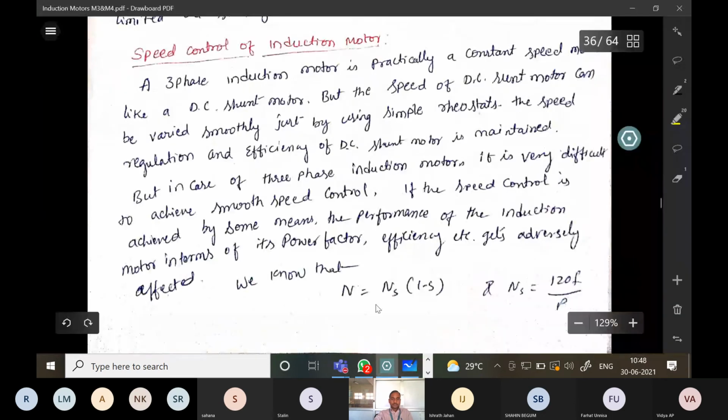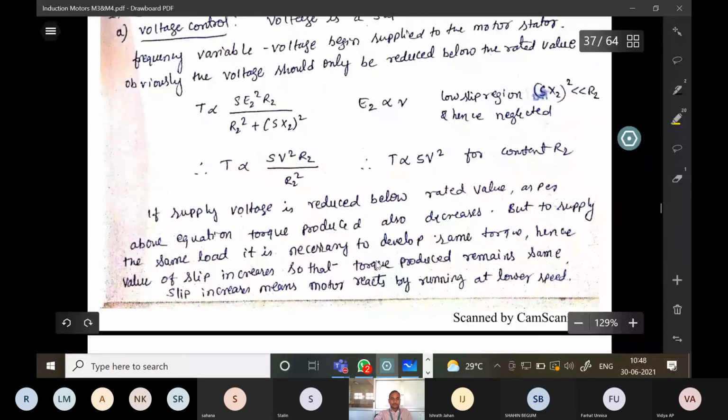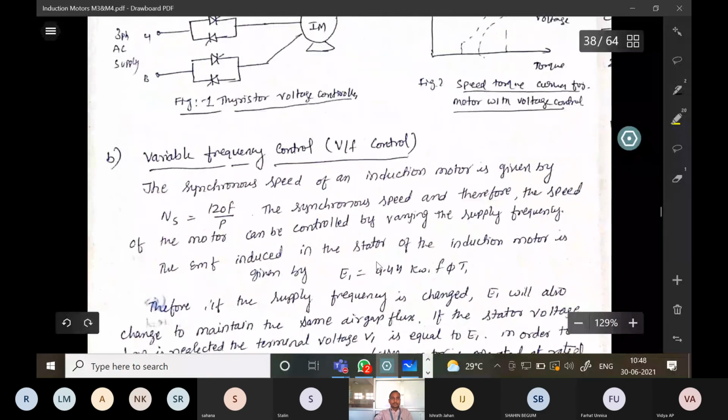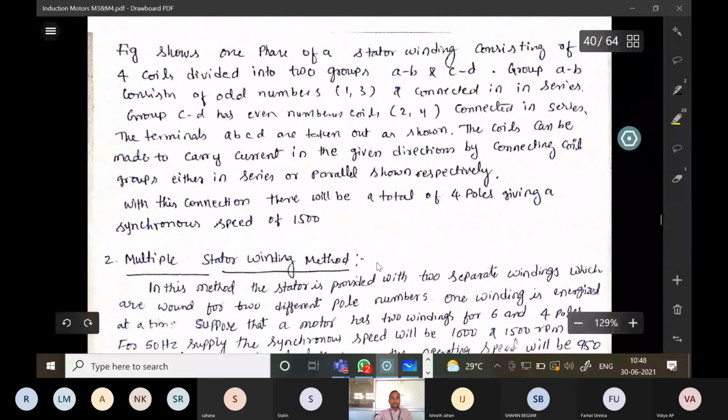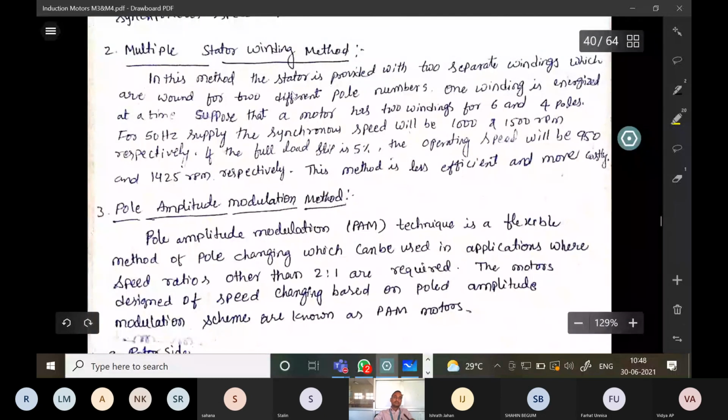So similarly we can go through the multiple stator winding method. In this method the stator is provided with two separate windings which are wound for two different pole numbers. One winding is energized at a time. Suppose that a motor has two windings for 6 and 4 poles, 50 hertz.